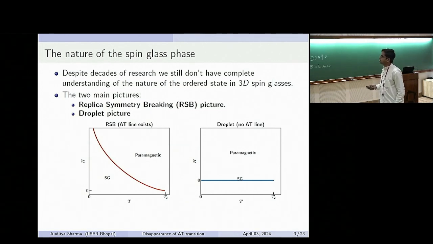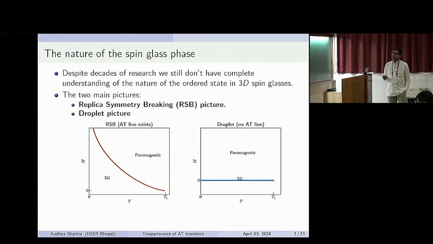This is the theory which was shown to be exact in the infinite range limit in the so-called Sherrington-Kirkpatrick model, but also in a range of models which lie inside the mean field universality class. But a competing theory is the so-called droplet picture. There are a few other pictures as well, but for the purpose of this talk, I'm going to focus on these two main candidates.